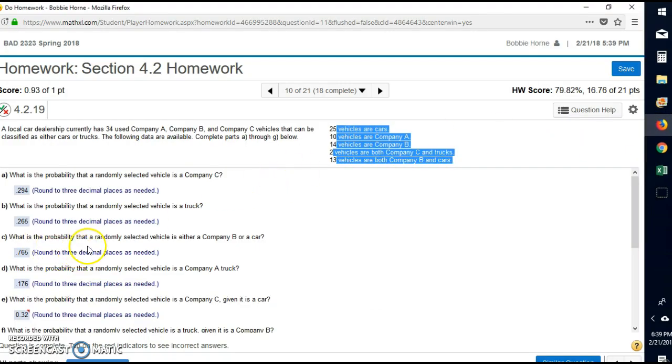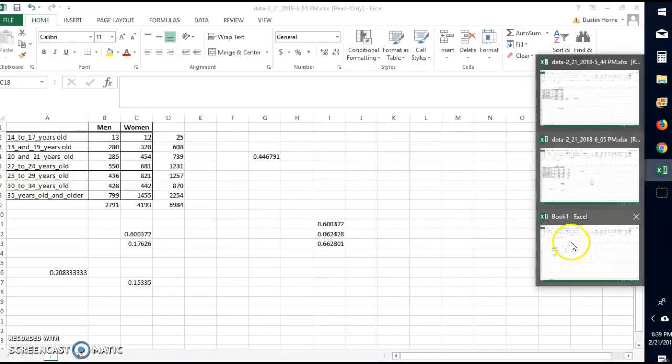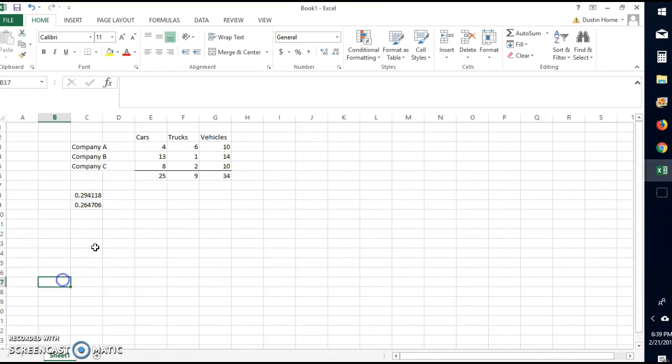Now here is where it gets a little bit trickier. What is the probability that a randomly selected vehicle is either a company B or a car? Okay, so this is the way we can do that. Think company B or a car. First of all, company B: there are 14 vehicles that are company B, so we would do 14 out of the total, which is 34, or a car.